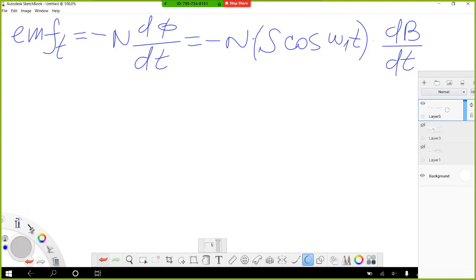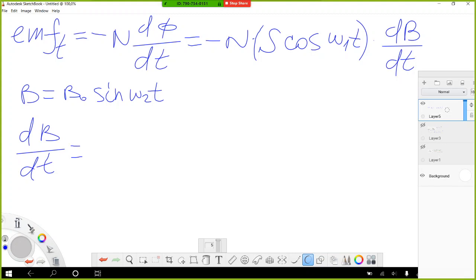Okay, and B in our case is given as B0 sine omega 2 t, and the derivative of B with respect to time is equal to the derivative of sine, which is cosine, times omega 2 B0 cosine omega 2 t.